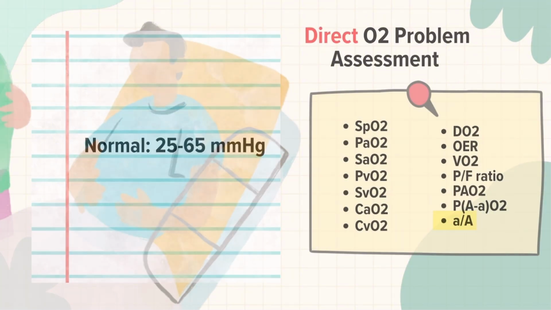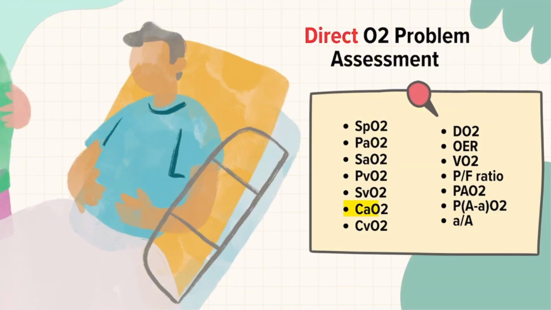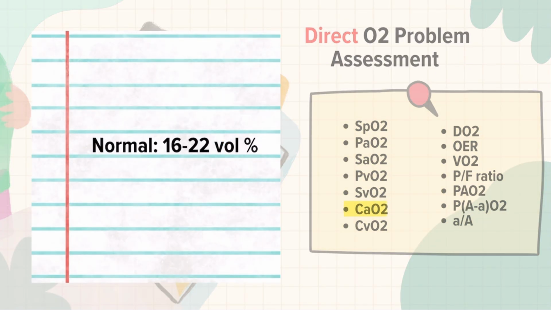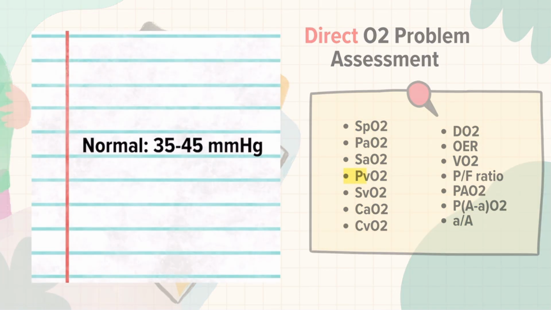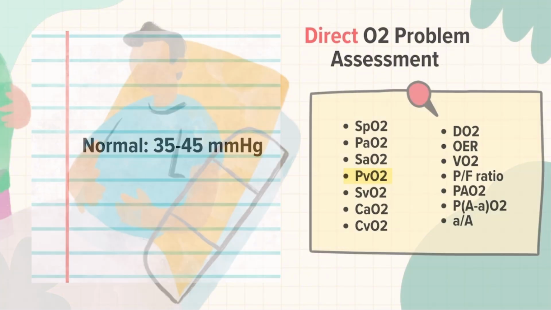8. CaO2, arterial oxygen content, the total amount of oxygen in the blood. Normal range 16 to 22 volume per percent. 9. PvO2, venous oxygen pressure, the pressure of dissolved oxygen in the venous blood. How much oxygen is left over. Normal range 35 to 45 millimeters of mercury. 10.